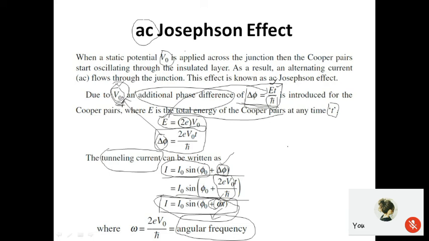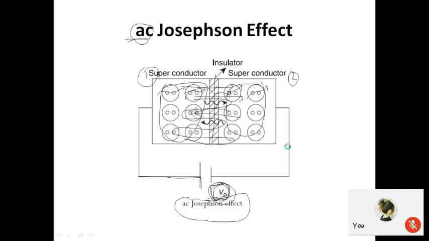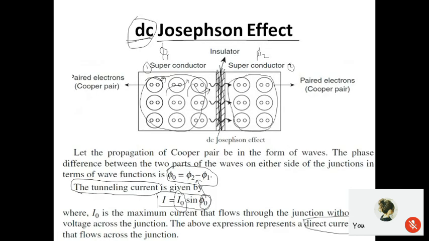If we compare DC and AC, in the case of the DC Josephson effect there is no need for a voltage to be applied across the junction. Without application of voltage across the junction, a small supercurrent flows through the insulating layer. That is the DC Josephson effect.